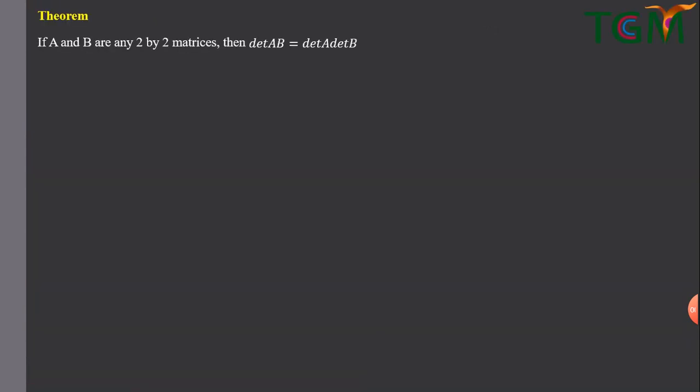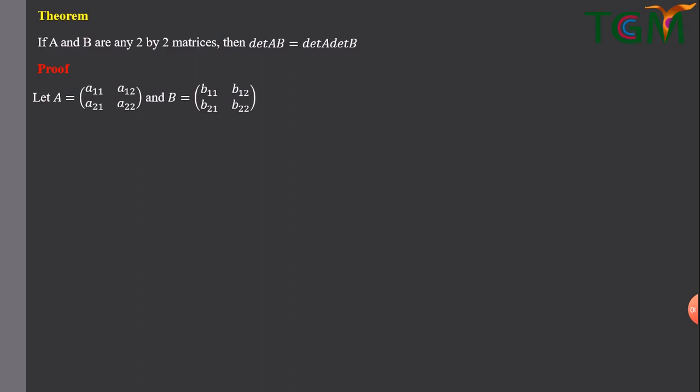Okay, let's look at this theorem. If A and B are 2 by 2 matrices, then the determinant of AB is equal to the determinant of A multiplied by the determinant of B. We are going to look at the proof.